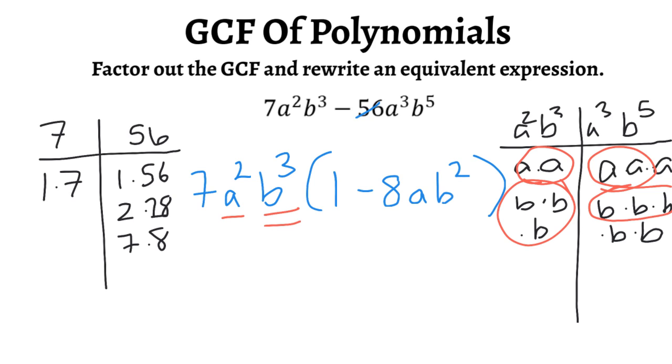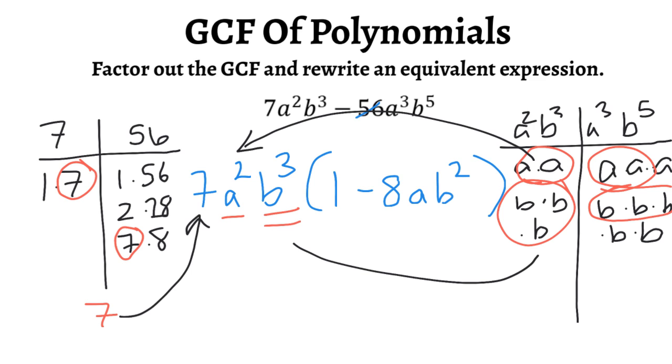Notice how the greatest value that they both have is a 7. That's how I chose this 7 to come out. So I factored out a 7, I factored out the a squared, and I factored out the b cubed.